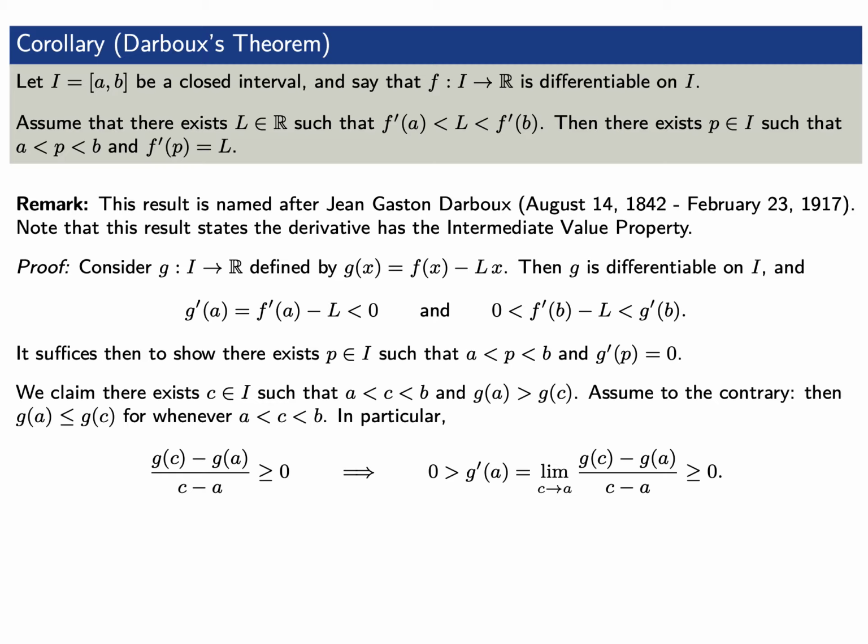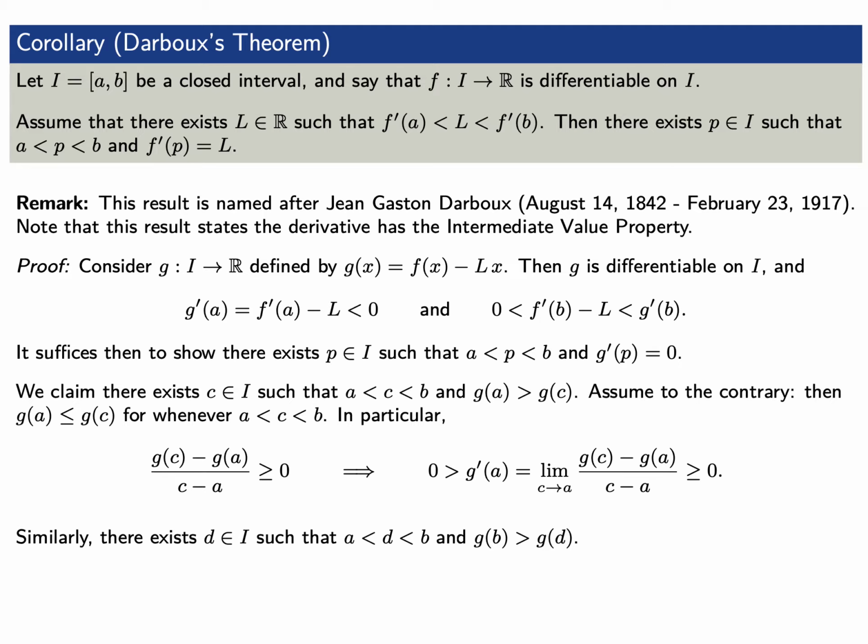And because c is greater than a, we see that the denominator is positive. Therefore, the ratio is greater than or equal to 0, which means that the limit as c approaches a, which is g prime of a, must be greater than or equal to 0. However, this contradicts the assumption that g prime of a is less than 0. So, such a c must exist.